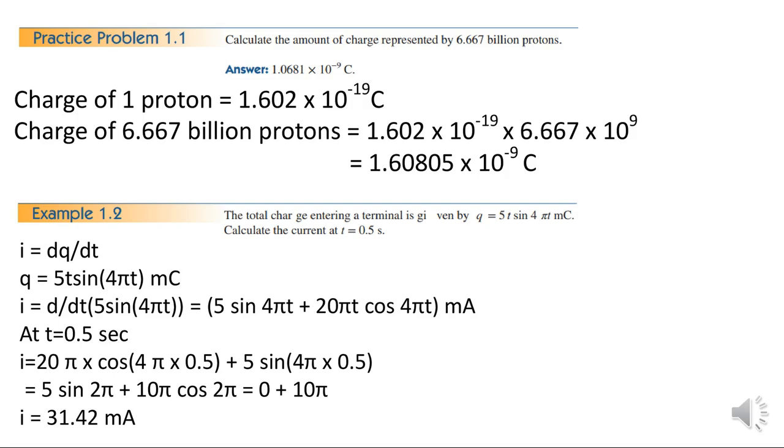We know the value of sin 2π, or sin nπ, is always 0. So 0 plus 10π × cos 2π, which is 10π milliamps. So that gives rise to 31.42 milliamps.